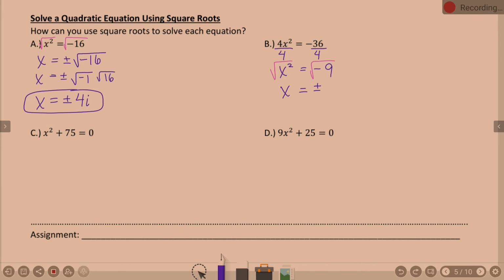And then negative 9 can be broken into what parts? Negative 1 and 9, yes? Put this all together. Plus or minus. Square root of 9 is 3. Square root of negative 1 is i. So plus or minus 3i.